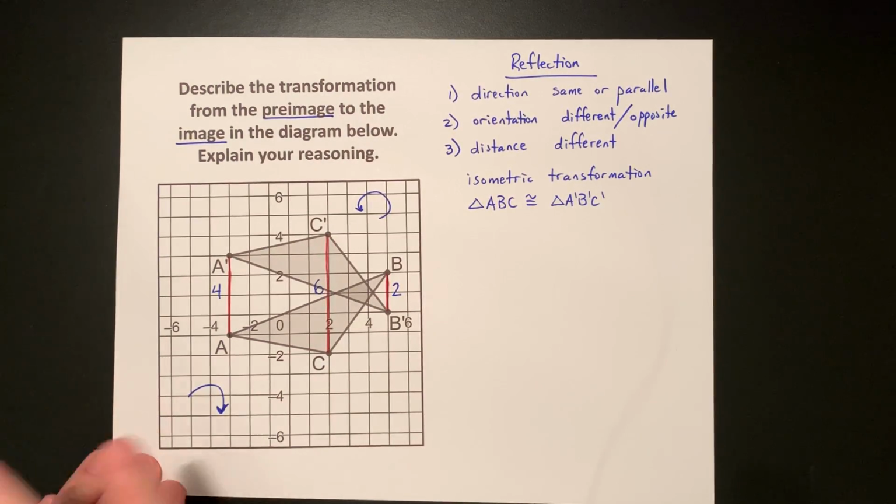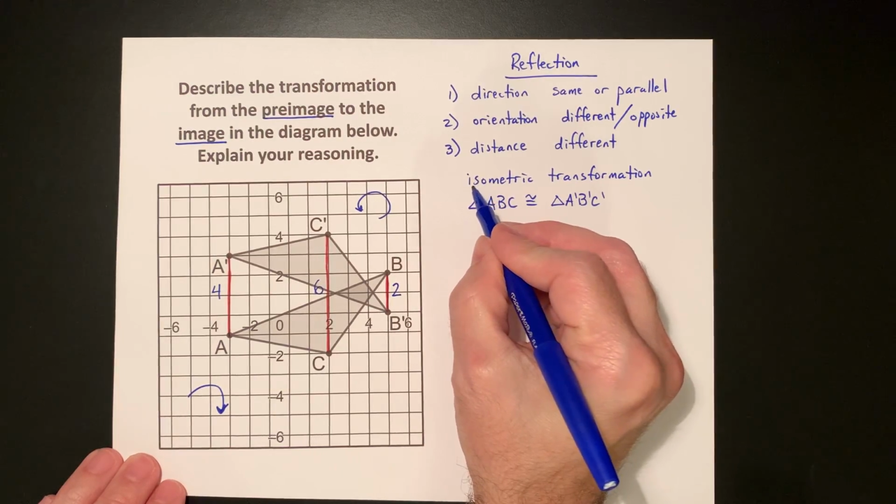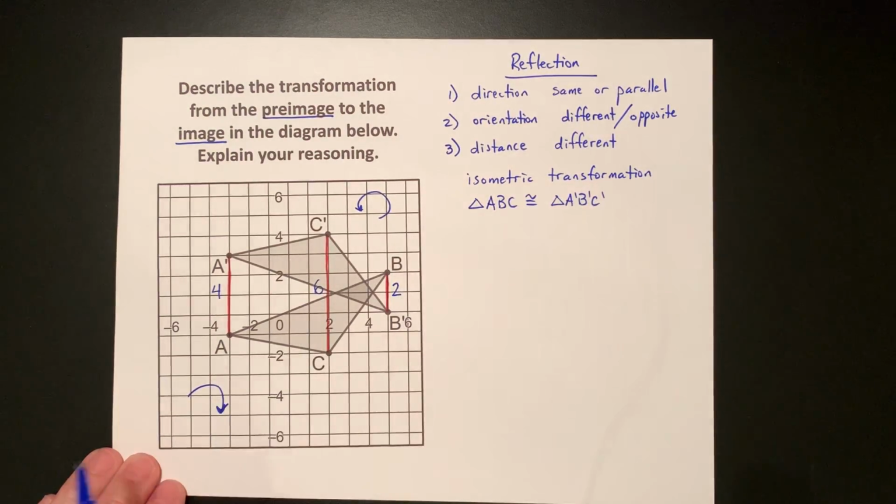You have moved it, but you have not changed its size. You've just changed its placement, or the direction that it's oriented. Different ways that you can change it without changing the size makes it an isometric transformation.